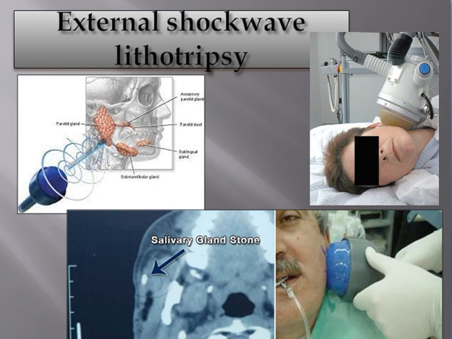External shockwave lithotripsy is indicated for smaller stones that are not palpable and not visualized endoscopically, as I said, and is generally unsuccessful for stones larger than 7 millimeters. Surgical excision of the submandibular gland should be a last resort.